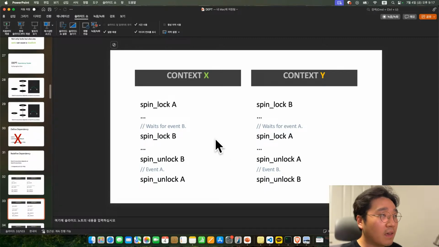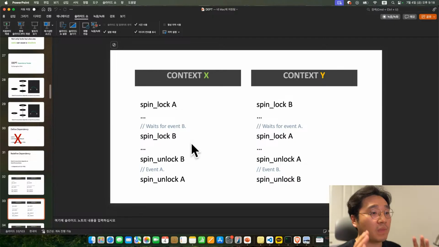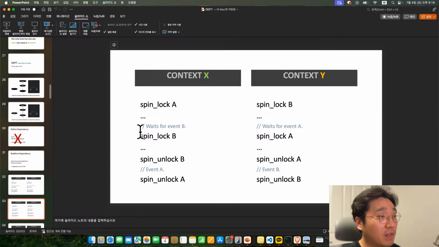We are not focusing on holding a lock A. We focused on waiting for an event. So we redefined it from this point, right?